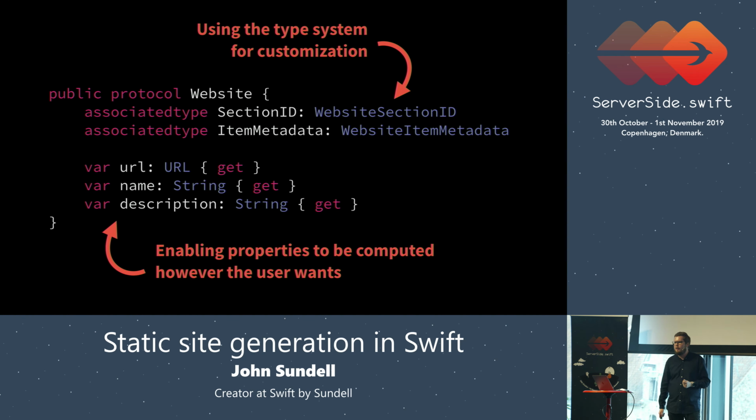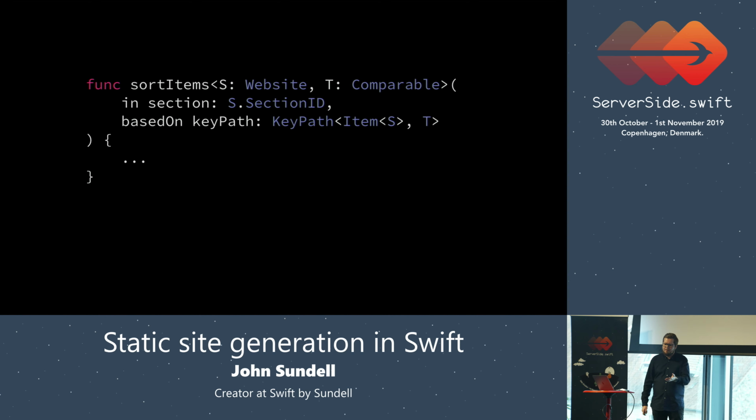So now that we have this protocol, which is quite simple, it just has a few requirements, but it gives us a lot of power in terms of building really nice APIs that take advantage of this type information in order to do some cool things. So a few examples. Here is a function that enables us to sort all the items within a given section based on a key path. We can do this using generics. This might look a little bit complicated in terms of how the function is defined.